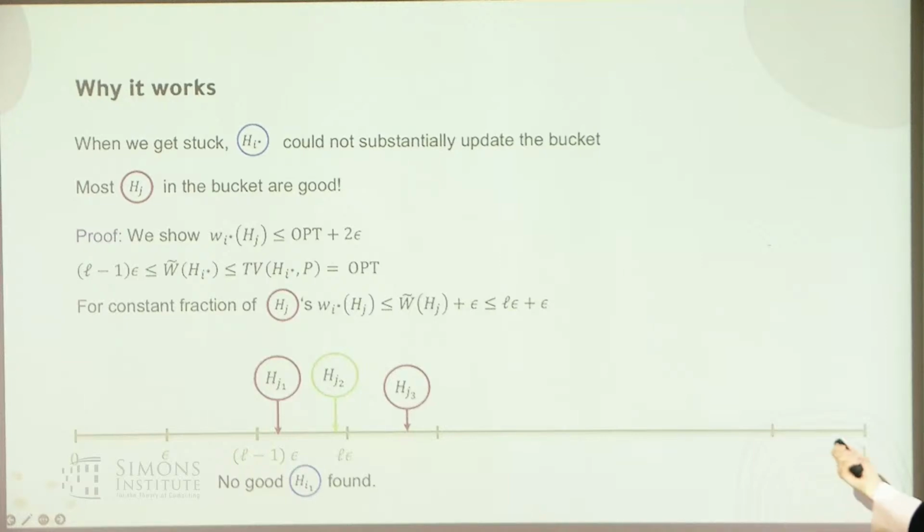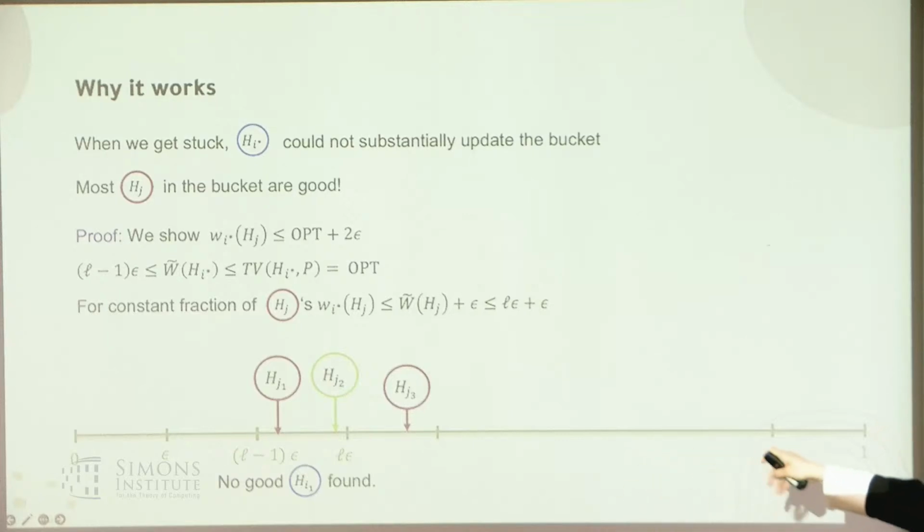So there is one observation about the best hypothesis. Now that I got stuck here, I know that any bucket that comes before this is now empty. Just by the way that the algorithm works, I start from the smallest bucket, essentially from left to right.